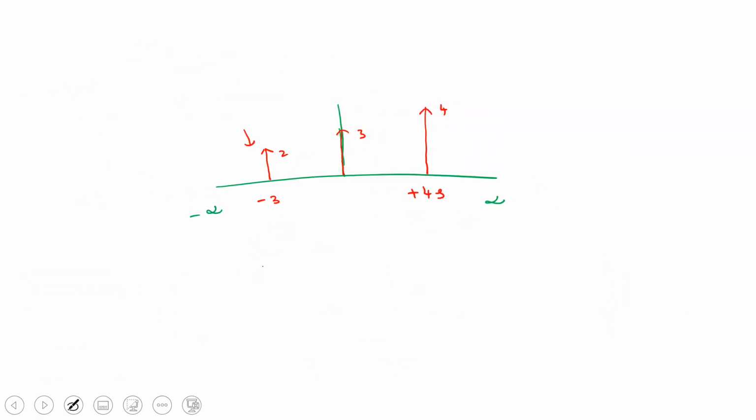This can be written as 2 into delta of t plus 3, plus 3 into delta of t, plus 4 into delta of t minus 5, to avoid confusion I will just write 5 seconds.